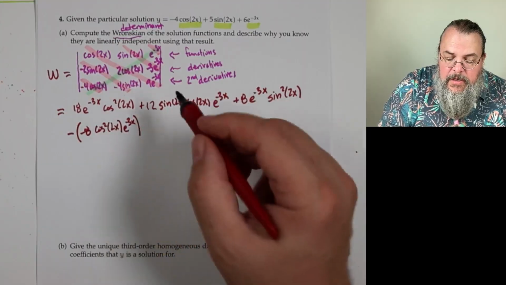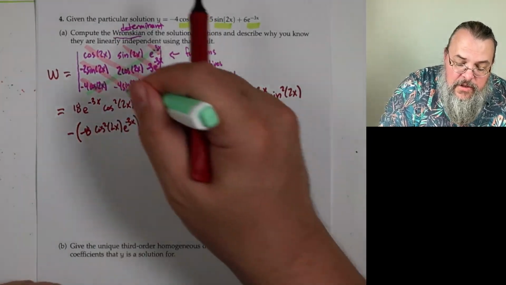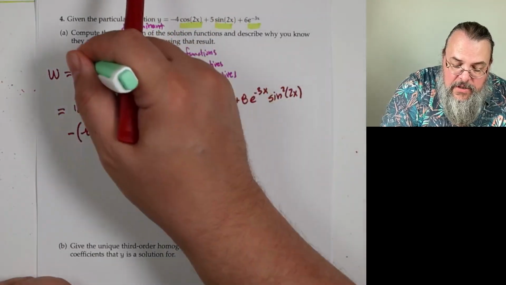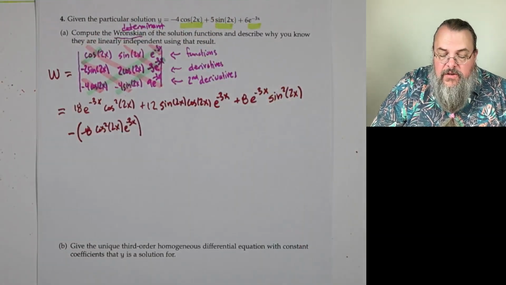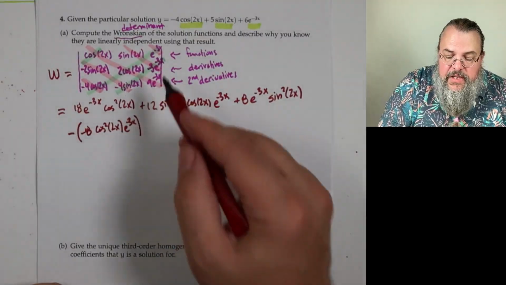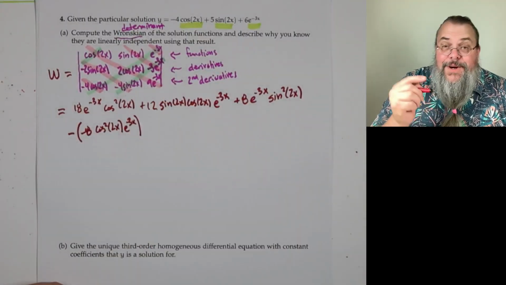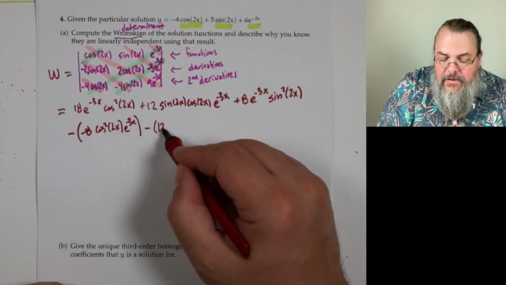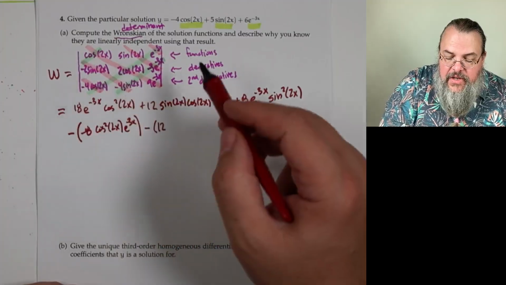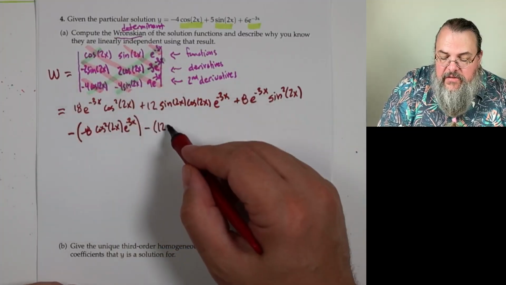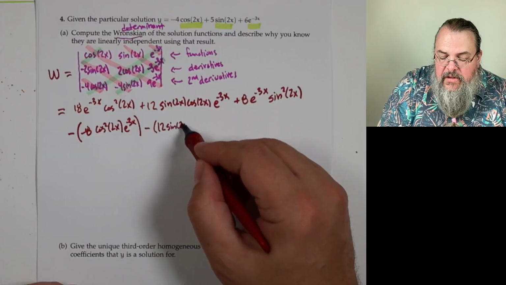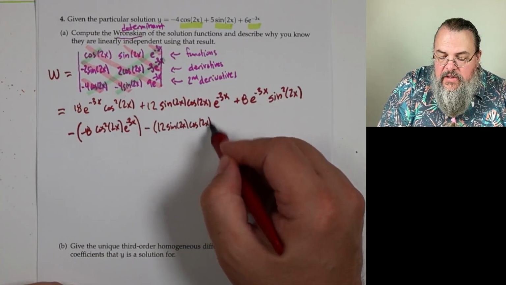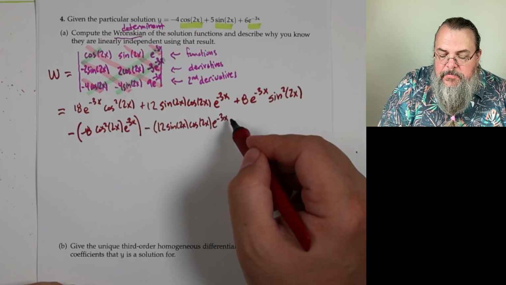Okay. Now, the next one. We have this one. Again, wrapping around. So we've got minus 4 times minus 3, that's positive 12, but we're going uphill, so we have to subtract it. Subtract 12. We have a sine and a cosine, and an e to the minus 3x. So sine 2x, cosine 2x, e to the minus 3x.